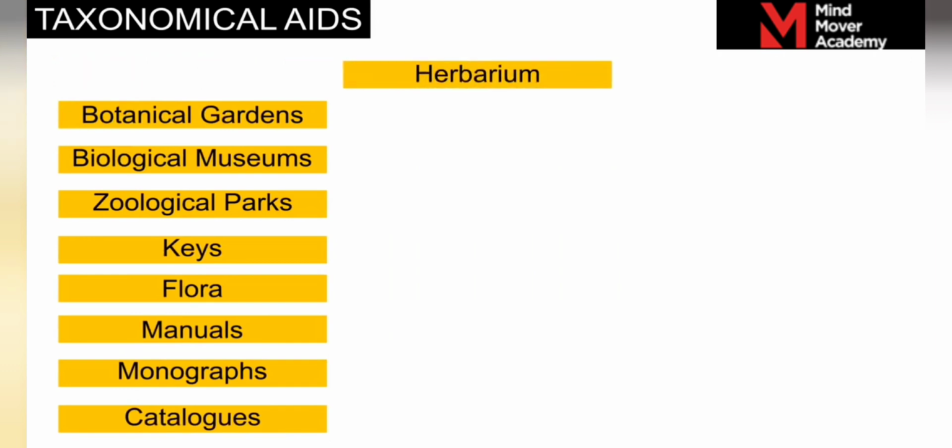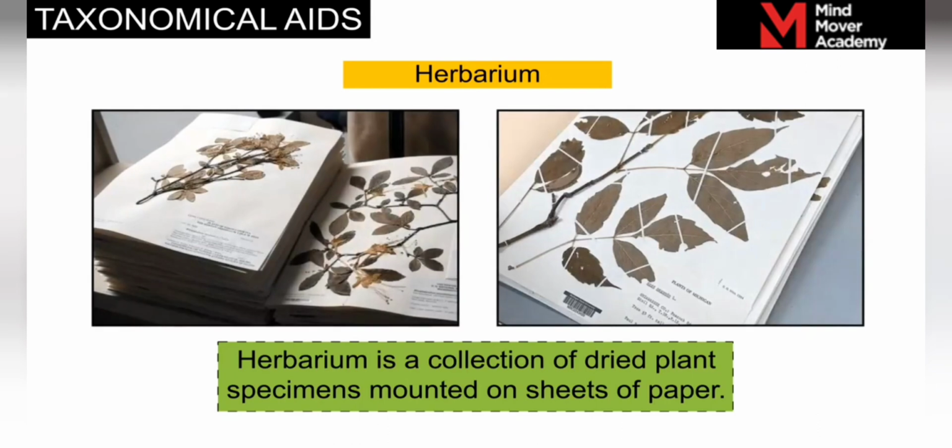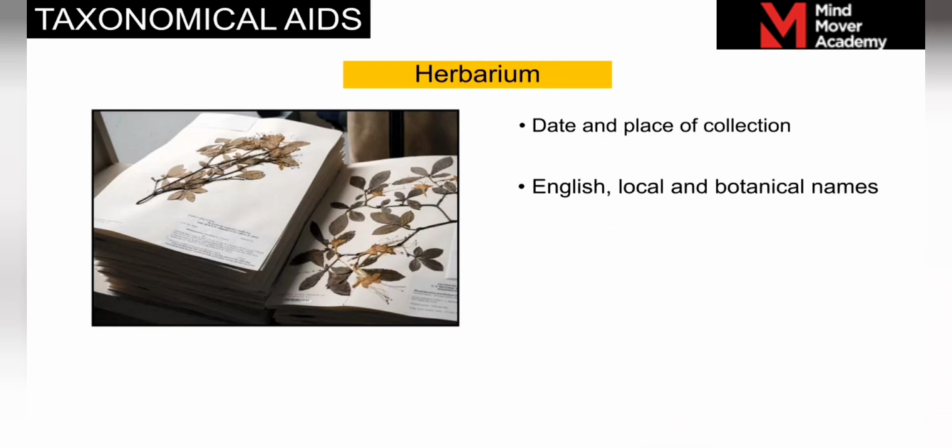So let's discuss the herbarium first. A herbarium is a collection of dried plant specimens mounted on sheets of paper. They hold a wealth of information collected about the plants, their date and place of collection, their English, local and botanical names, their family, collector's name, etc. These herbarium sheets are a storehouse to study how one species differs from another, or whether a specimen represents a new species altogether.